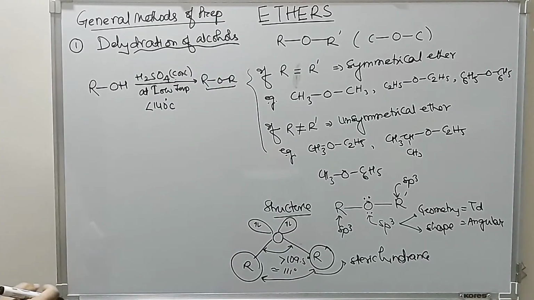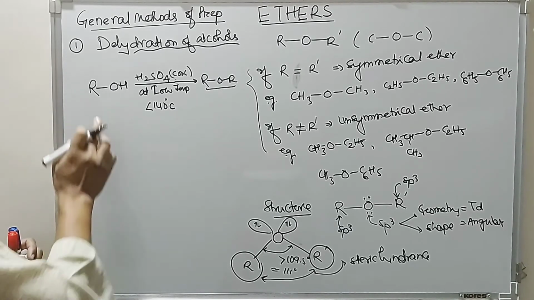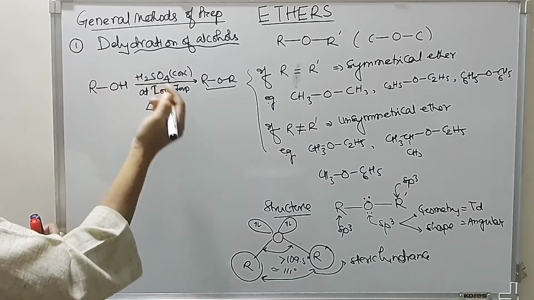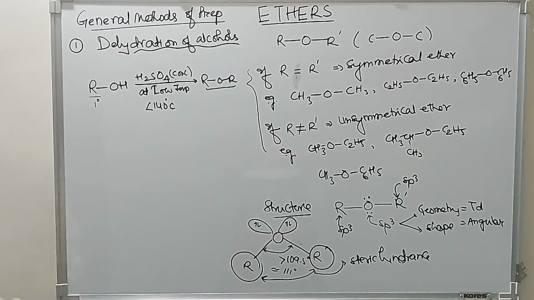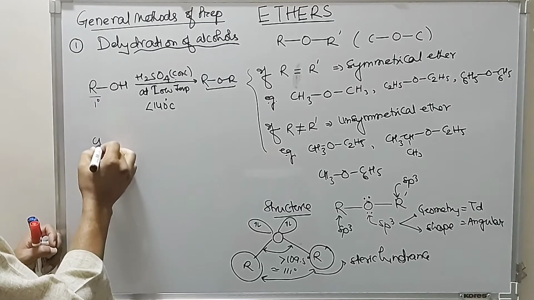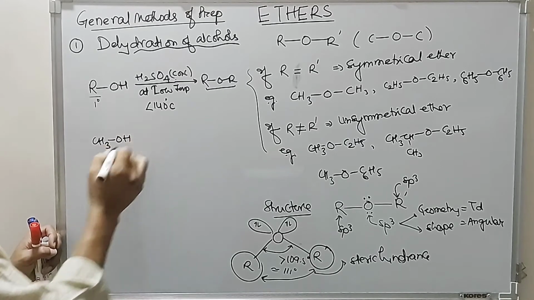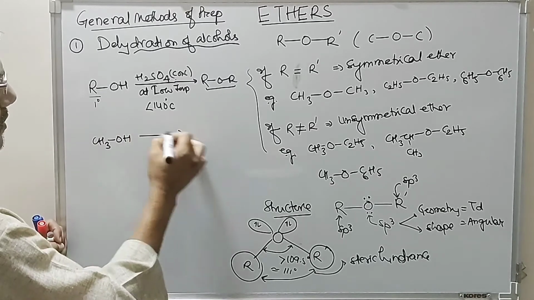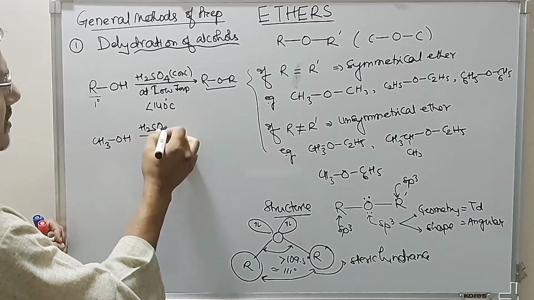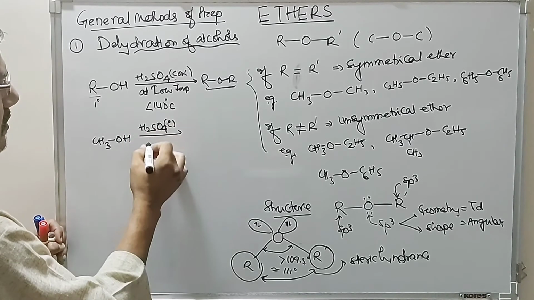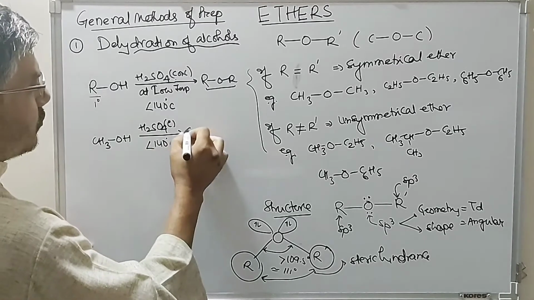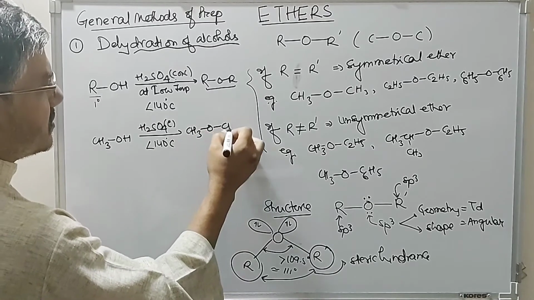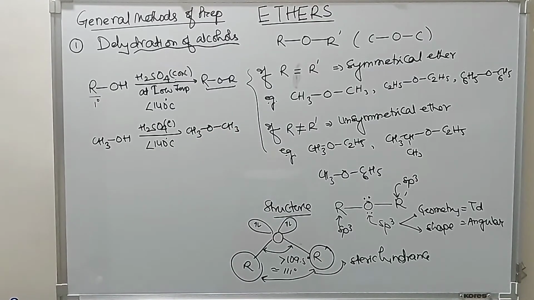For this reaction, a good yield is obtained if R is primary. Look at this: CH3OH, methanol, on reaction with concentrated sulfuric acid at a temperature less than 140 degrees centigrade, gives you CH3OCH3, dimethyl ether, plus water.